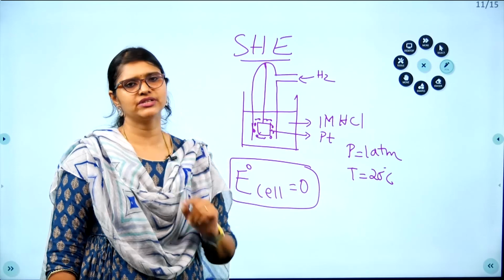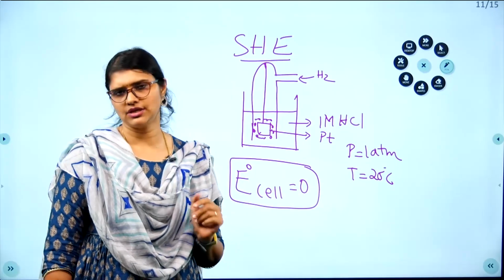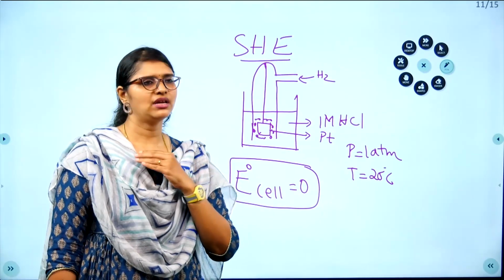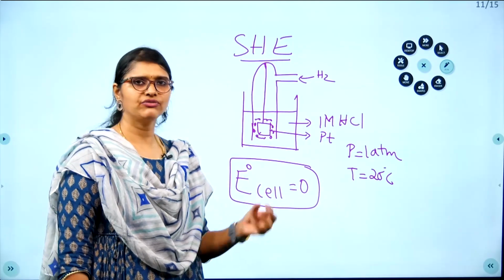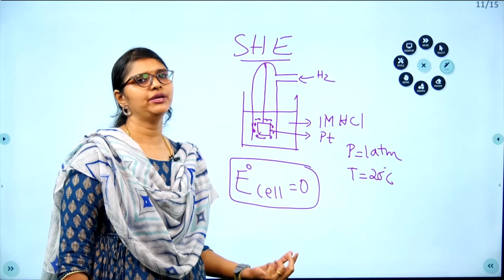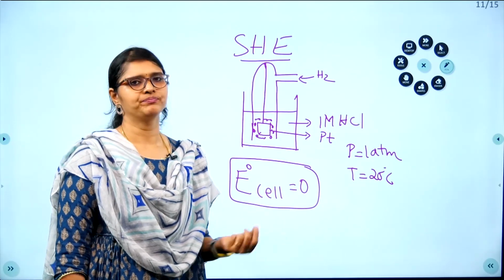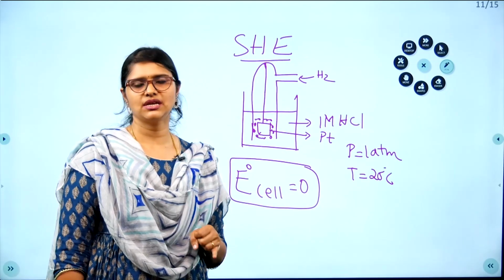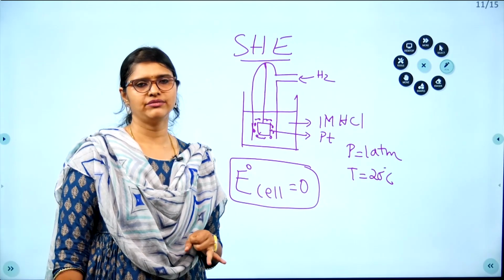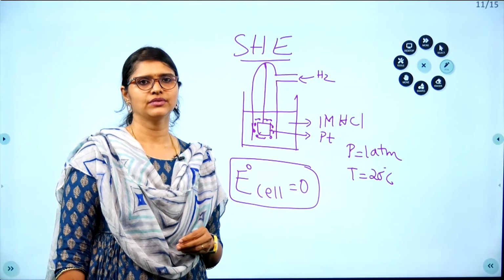Only for this reference electrode E naught cell is 0. Otherwise, any other element will definitely have some value. But for SHE, it's going to be 0. Alright? Understood everyone? So what is E cell, how to calculate E naught cell, everything. Am I right? Thank you students.